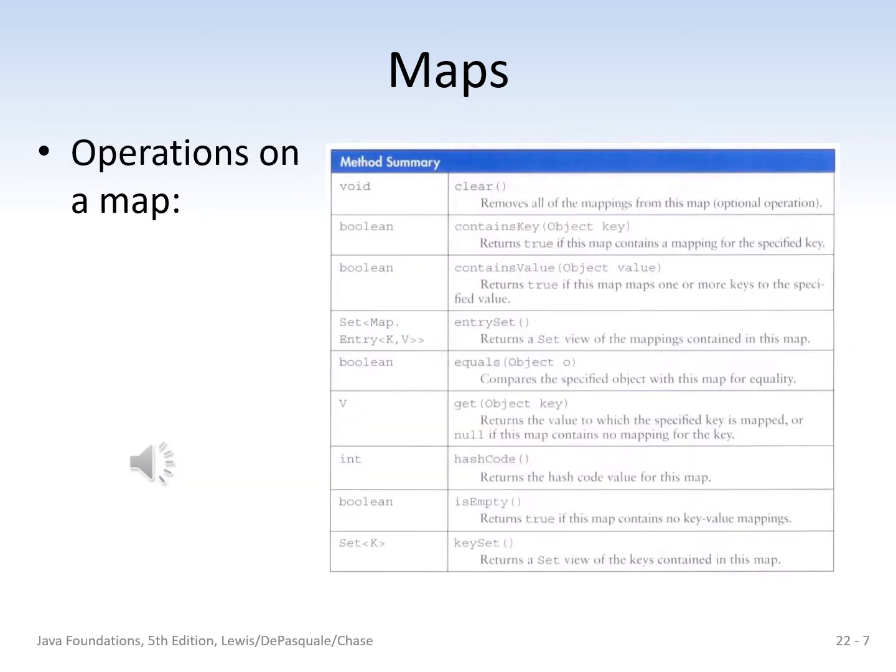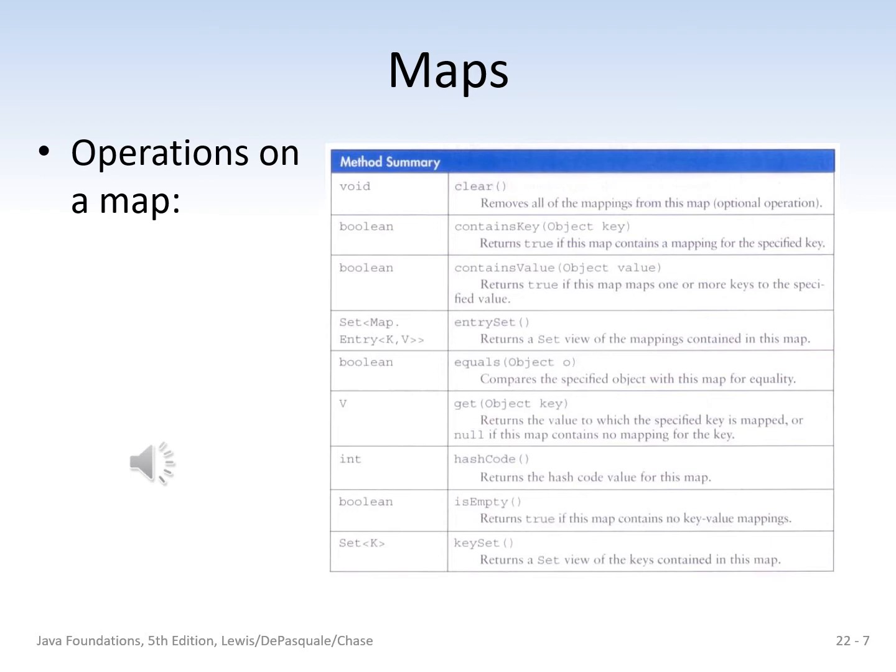And as with sets, we have a method summary that describes the operations that we can perform on a map. Clear, containsKey, containsValue, equals, isEmpty. No big surprise there. I think there are a few more on the next slide.